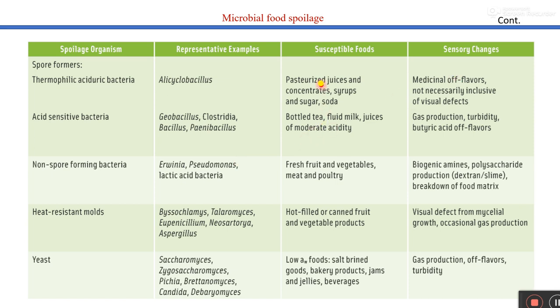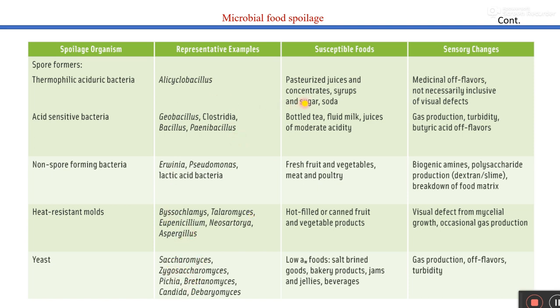And in this column you can see the different kinds of foods which are susceptible to these kinds of bacteria and fungi, and what are the changes that generally take place as a result of the spoilage of these particular foods in response to the attack of these bacteria and fungi.